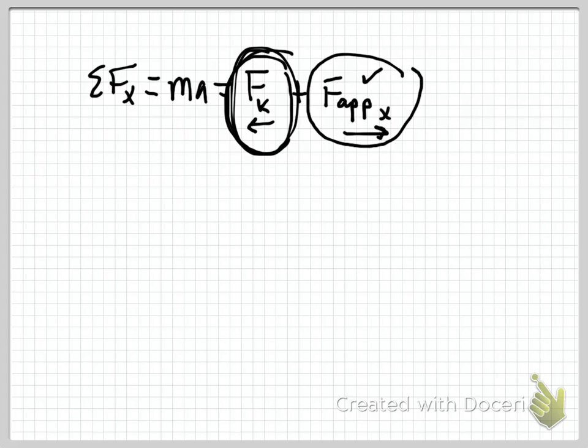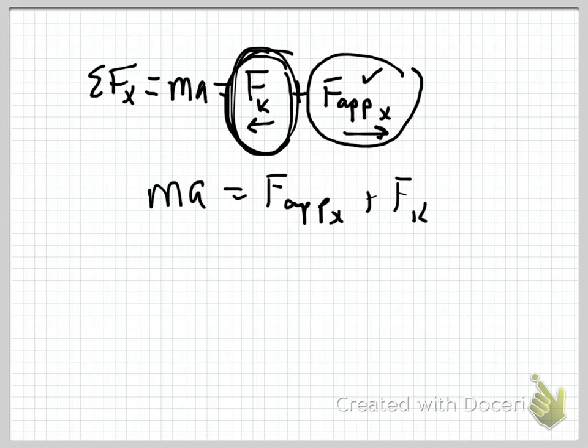Okay, when we get back to the sum of forces on the x, because this is really where we're solving for acceleration, we can write this either way. We can write that it's the F applied on the x plus F of k, or vice versa. It doesn't matter.